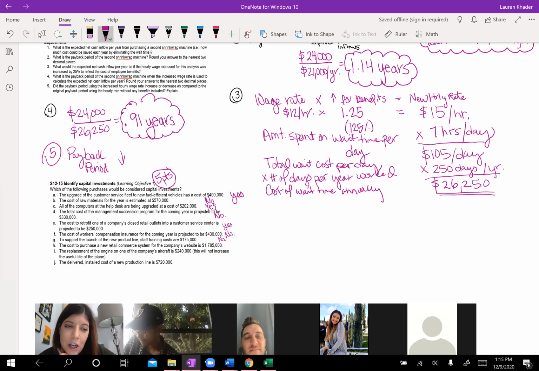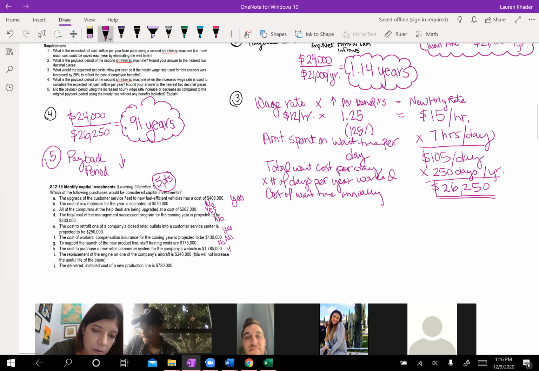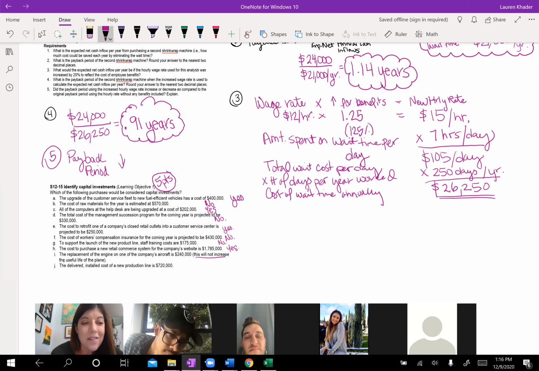H, the cost to purchase a new retail commerce system for the company's website is $1.785 million. Yes, absolutely. I, the replacement of the engine on one of the company's aircraft is $240,000. This will not increase the useful life of the plane. This is the key portion right there. Because it doesn't increase the useful life of the plane, you can't capitalize that cost.